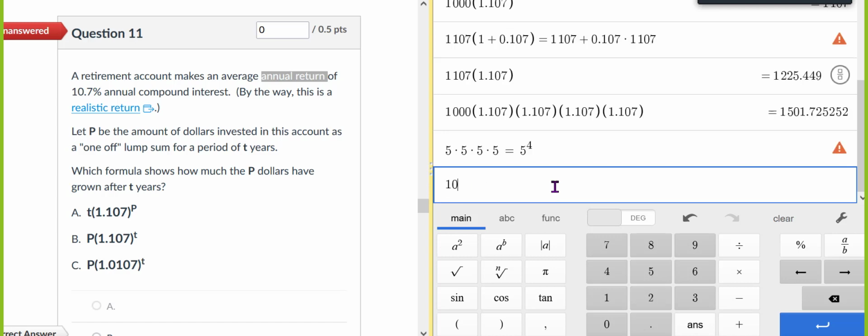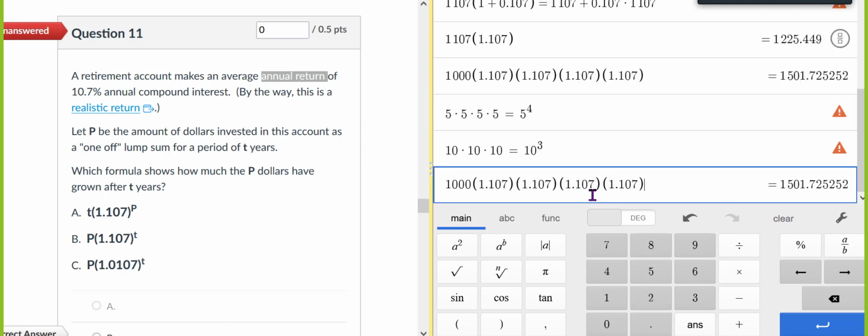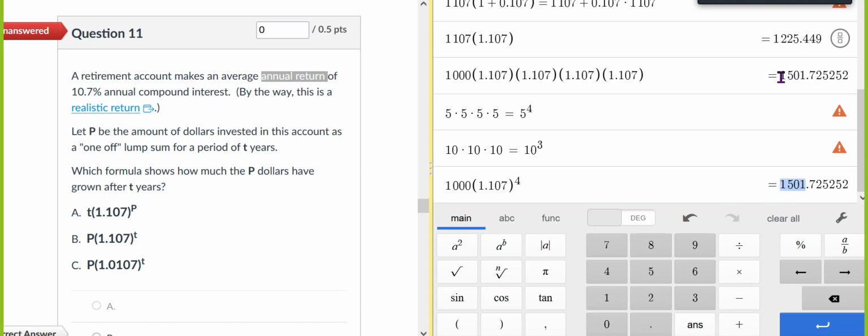So what about 10 times 10 times 10? What's that? So how do I write this expression with an exponent? And when I calculate that, it gives me the same thing, 1,501, or almost 1,502. That's what's in there at the end of the 4th year.